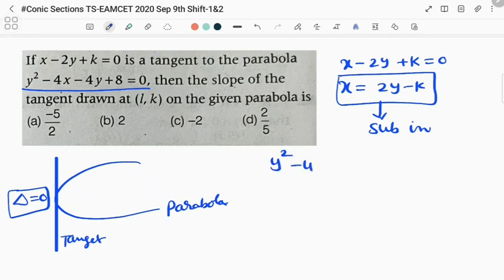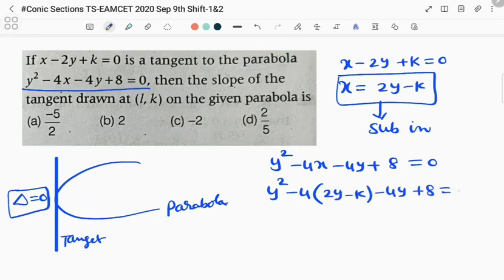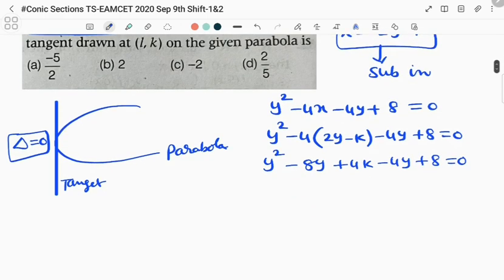In y square minus 4x minus 4y plus 8 equal to 0, y square minus 4 times (2y minus k) minus 4y plus 8 equal to 0. Y square minus 8y plus 4k minus 4y plus 8 equal to 0.